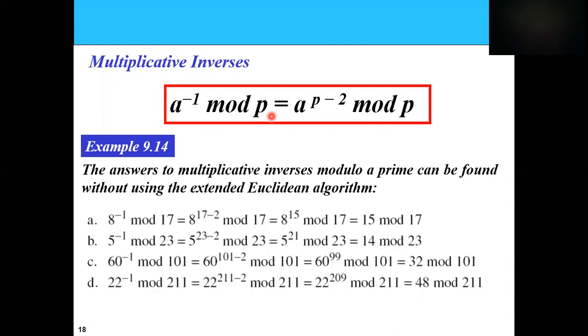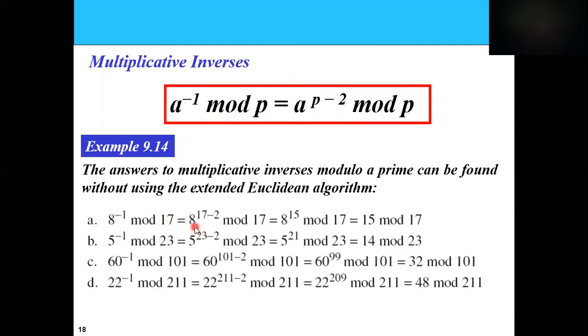We can also find the multiplicative inverse by using an extension of Fermat's little theorem. Like we have to use mod 17. So we have to find the inverse of 8 mod 17.